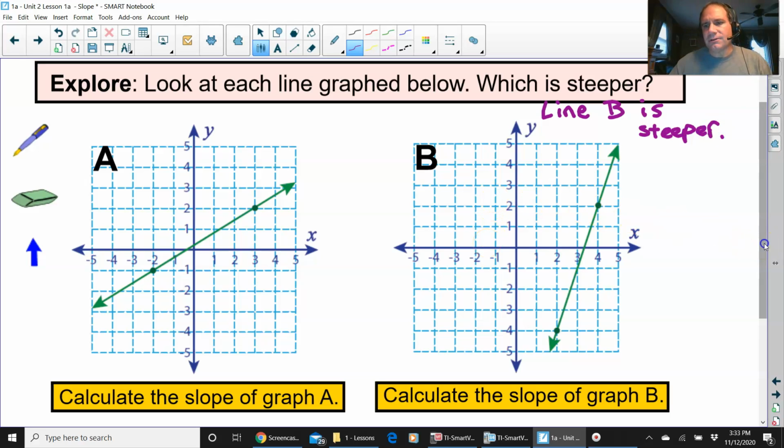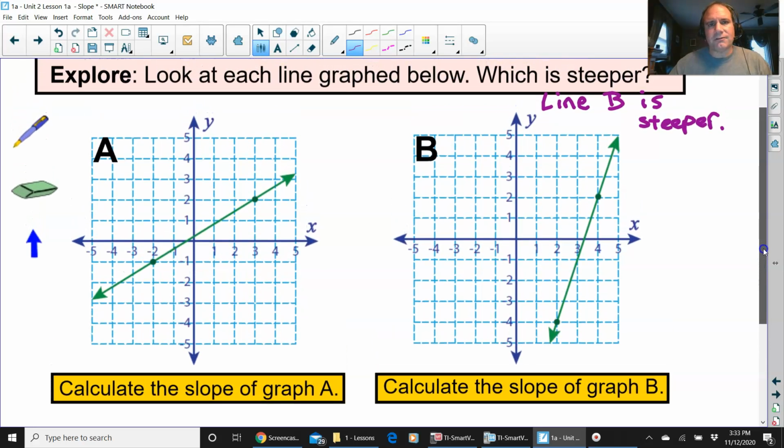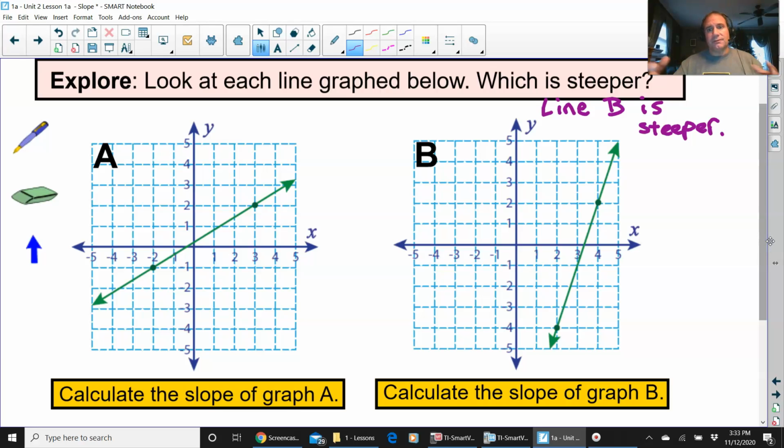Now it says calculate the slope. We're going to do that right on the graph. You don't really have to wait for me to do this. Go ahead, identify whether or not it's positive. These are positive or negative lines, and then go ahead and get the slope of each. Please write the formula down.